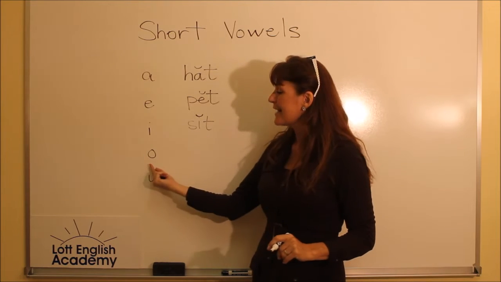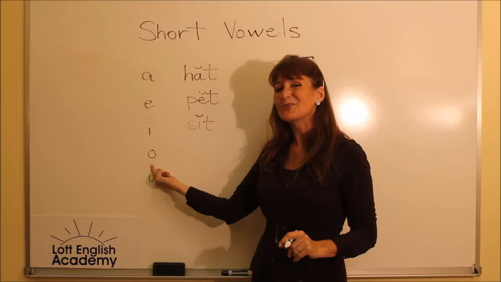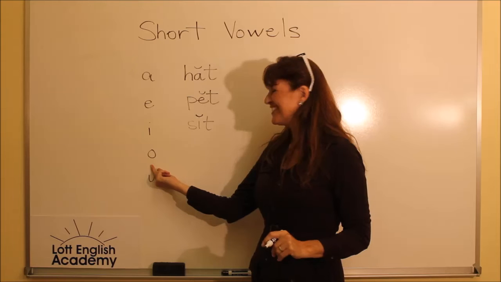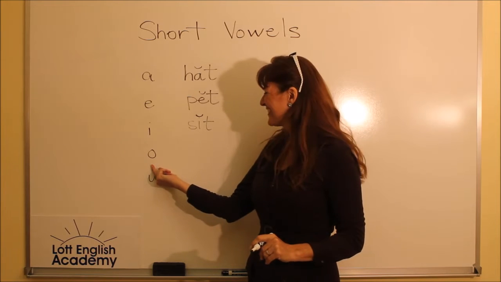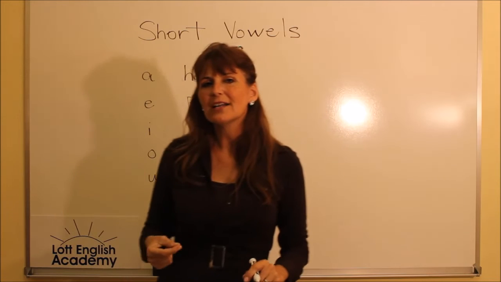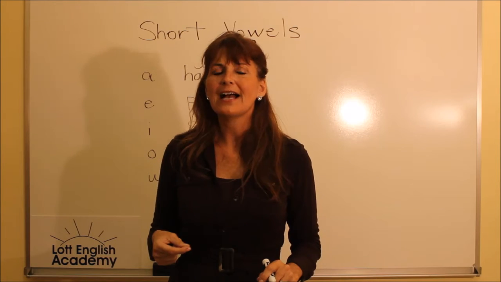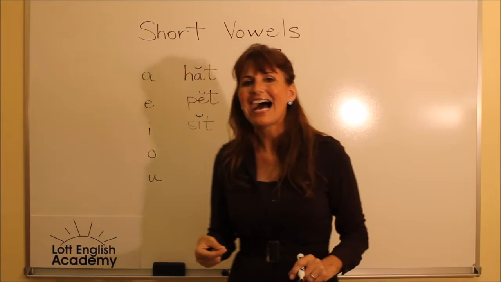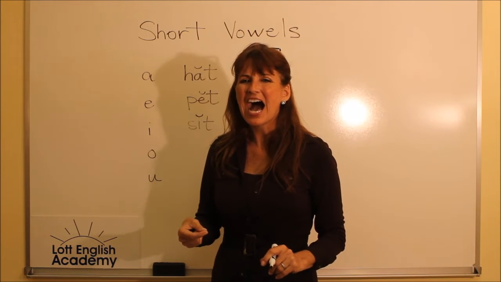We're going to go down to the next letter. I bet you know this one, right? It's O. Did you get it? And let's think about a place where we've got a word that has an O that's a short sound. The short O sound is ah.